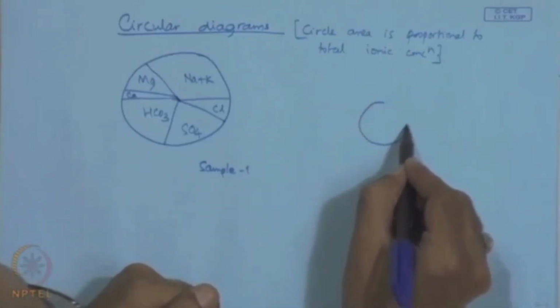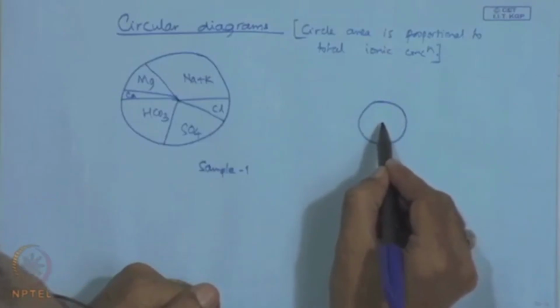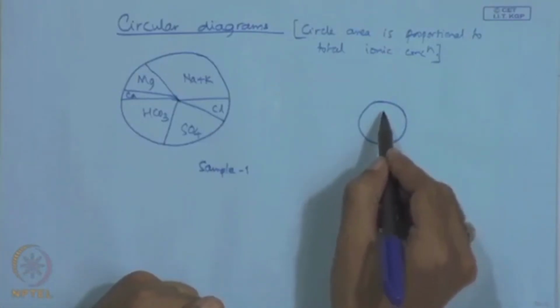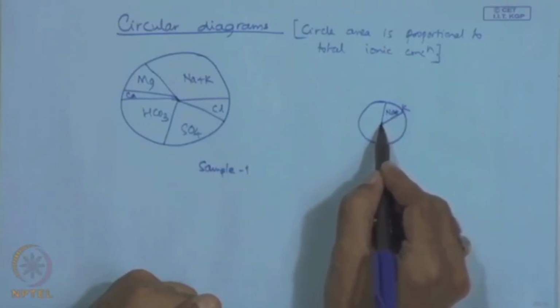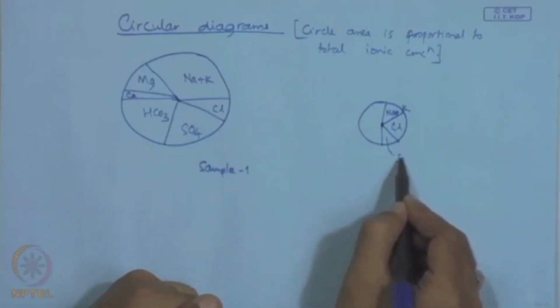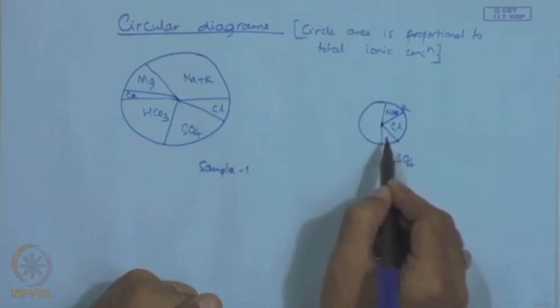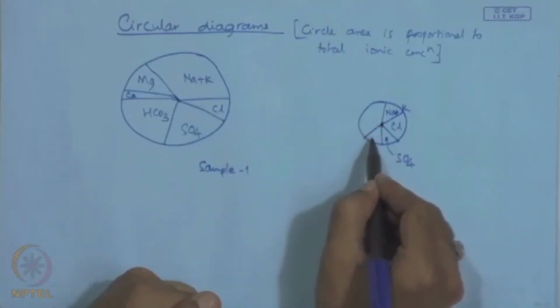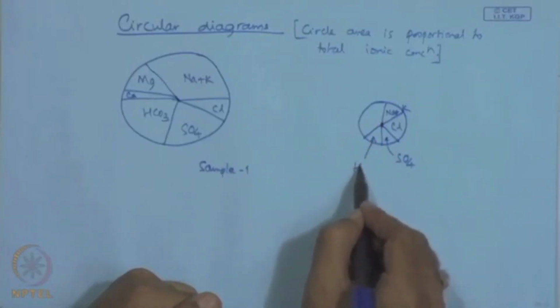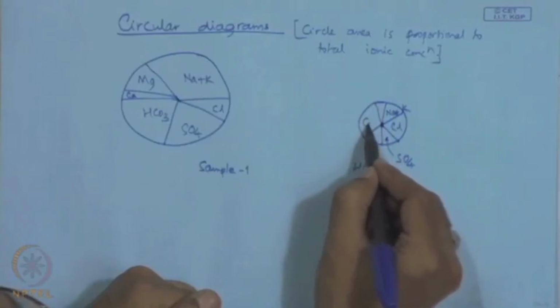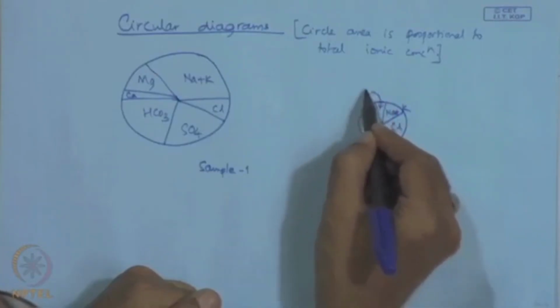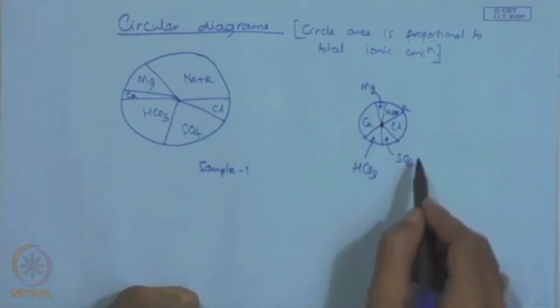If the concentration is less, it is represented by a smaller circle, and within this, this could be Na plus K, and this could be chlorine, this could be sulphate, this could be bicarbonate, and this could be calcium, and then this could be magnesium. So this is sample 2.